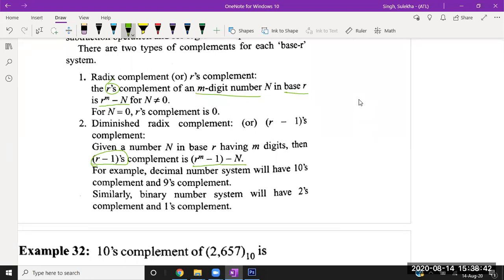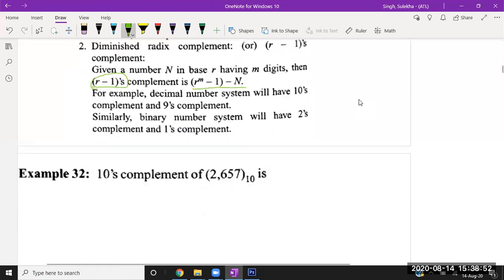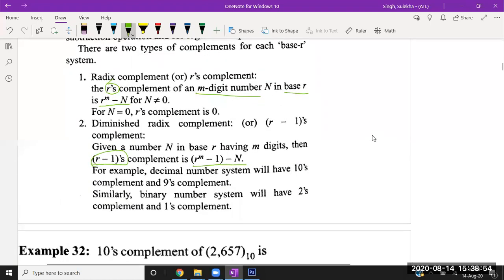In your 11th or 12th class, you heard about two's complement and one's complement. Whenever you are dealing with a binary number, your base is 2, so you can calculate two's complement, and since 2 minus 1 is 1, you can calculate one's complement. In a similar manner, we can do this for any base.